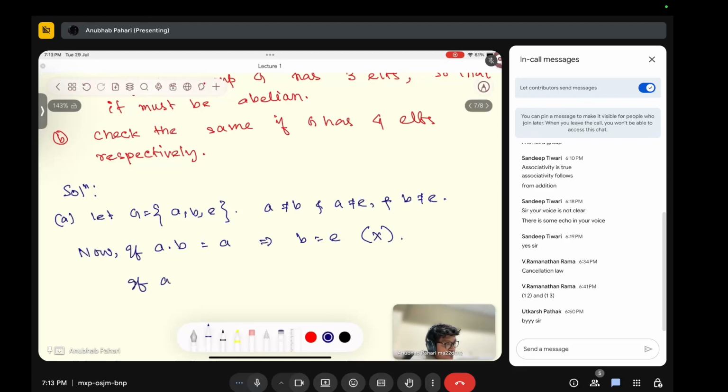If A dot B equals B, this should imply A equals E, which is again a contradiction.